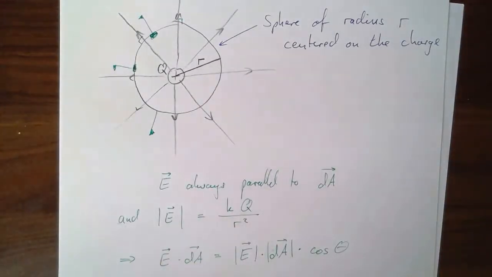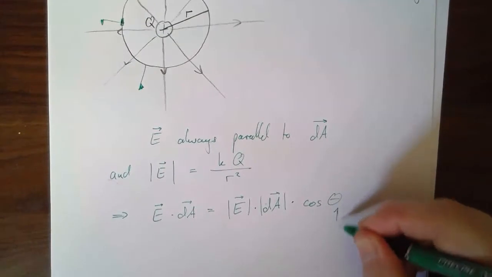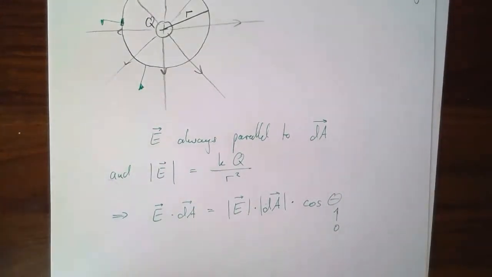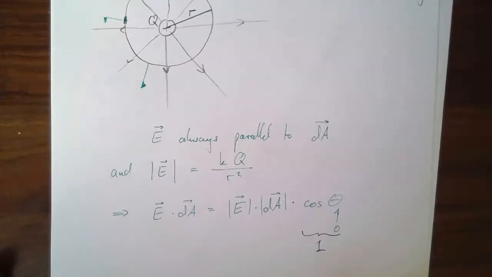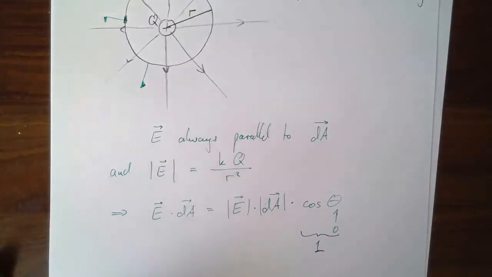But the angle between them is 0, and cosine of 0 is 1.